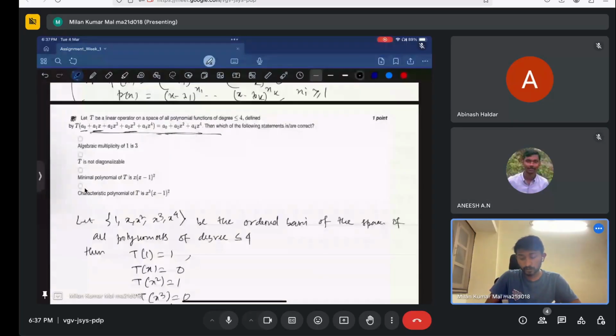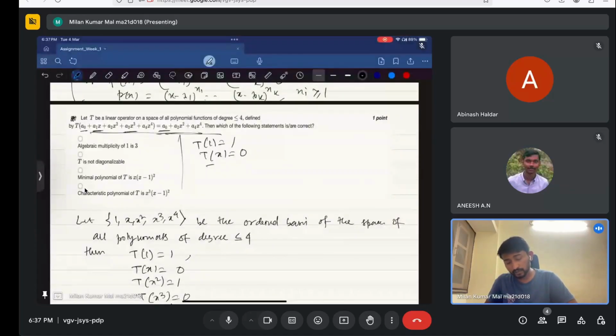So T(1) = 1, T(x) goes to 0, T(x²) goes to 1, T(x³) goes to 0, and T(x⁴) goes to 1.